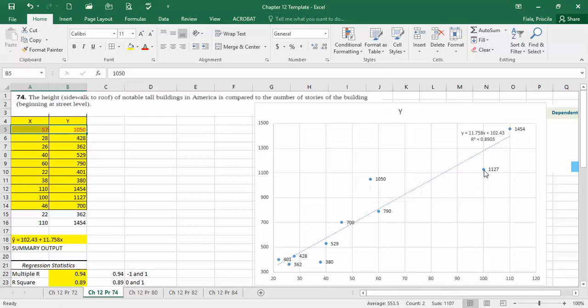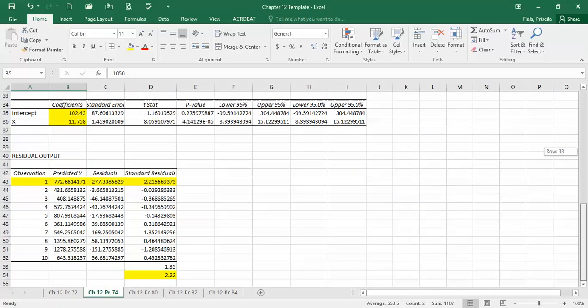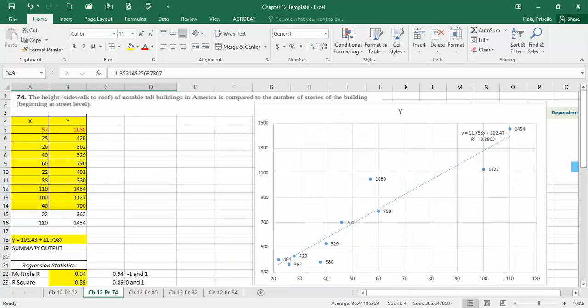We answer because even though this looks like an outlier, really it's still within the acceptable range, which would be observation number 7. 1, 2, 3, 4, 5, 6, 7. I don't know why I'm doing that if I could use Excel to count, but that's okay.